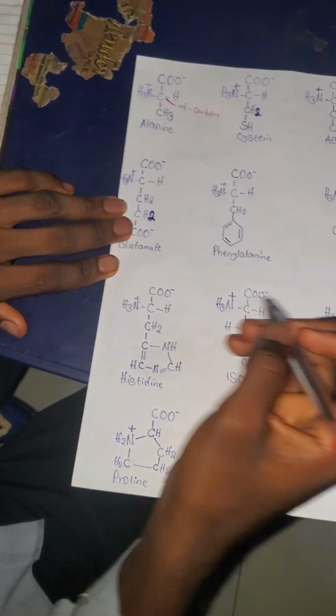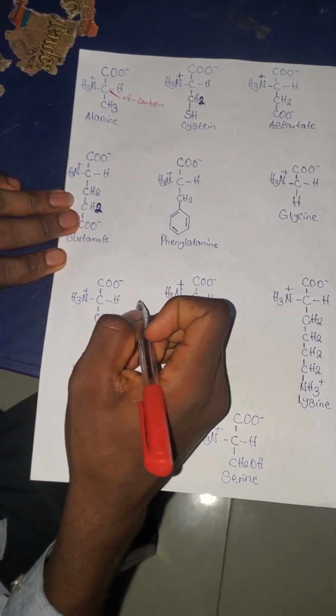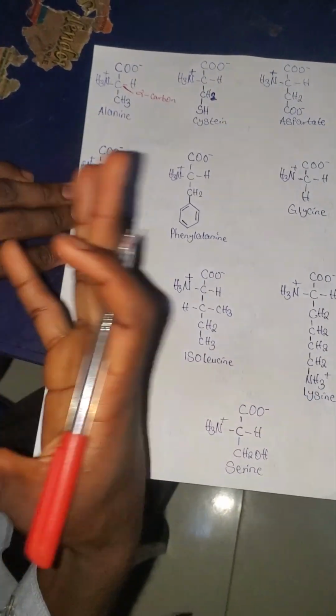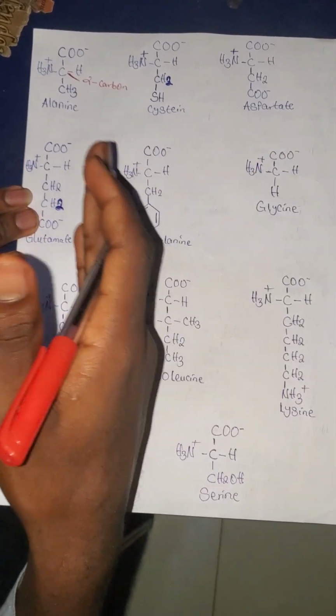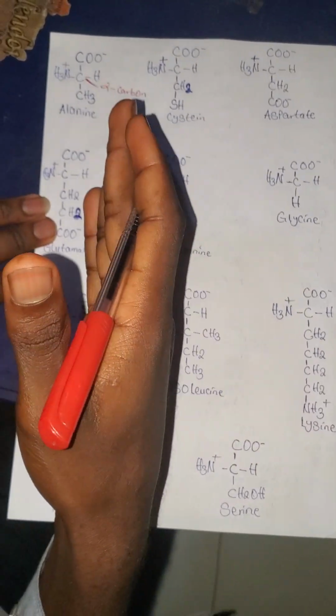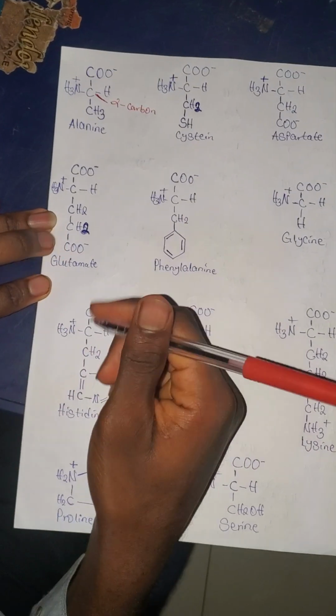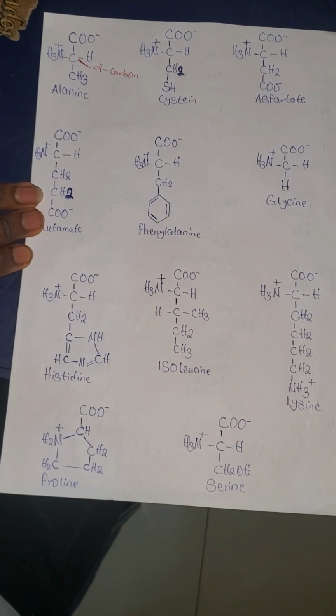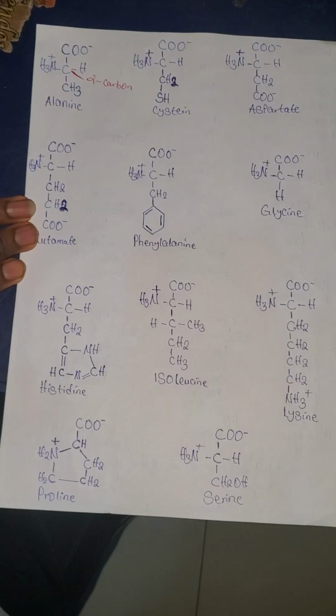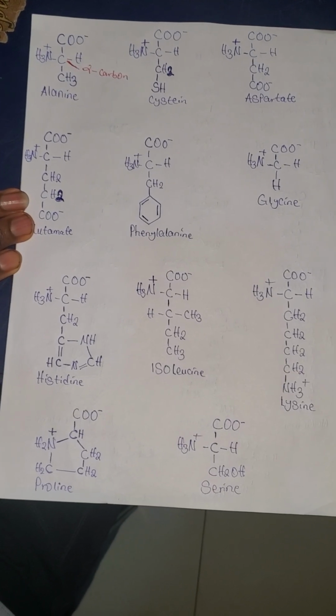If we now move to another carbon, it is going to be the gamma carbon, the next one the delta carbon, and so on and so forth. So we are going to make use of this trick to easily memorize the structures of amino acids.